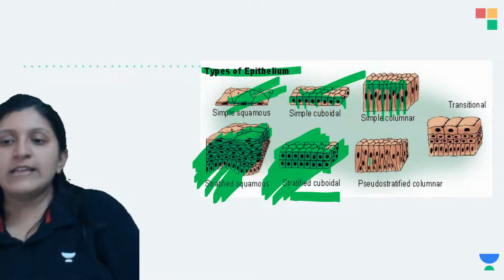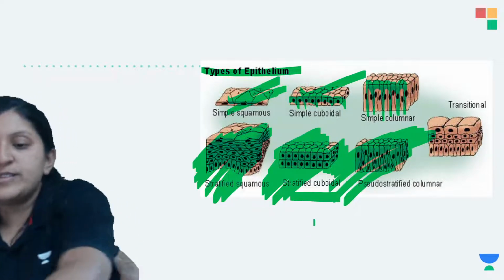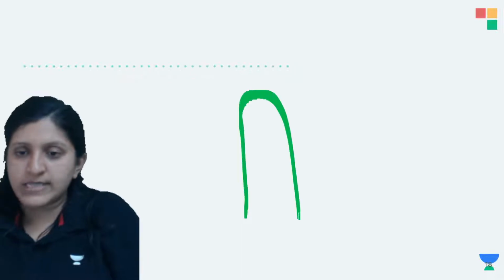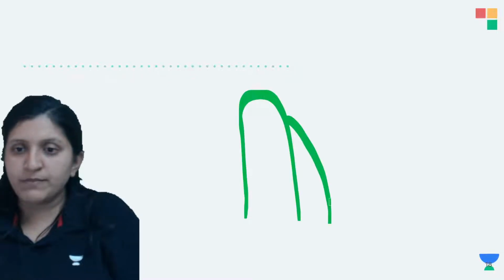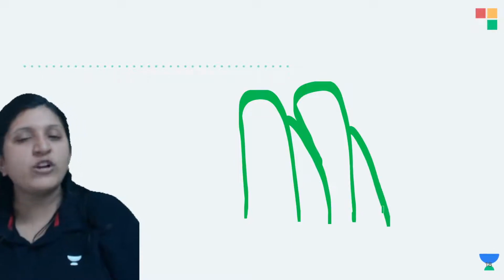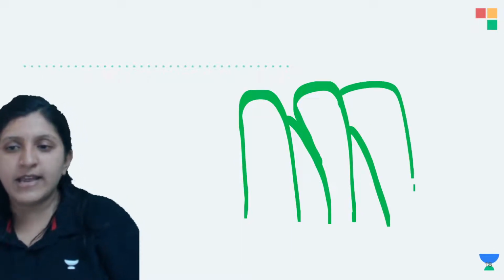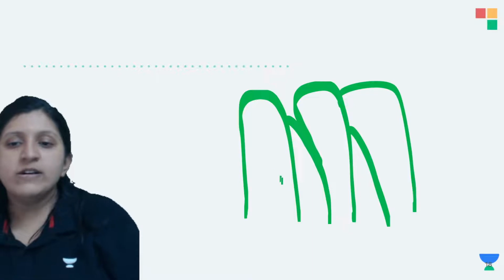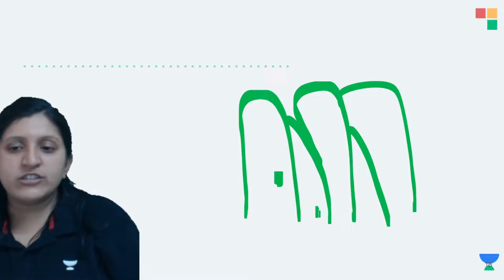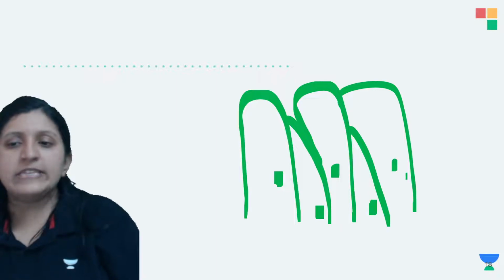Other than that, there is a pseudostratified columnar. What is the meaning of pseudostratified columnar? Now this is a columnar cell, this is columnar, and again there is a columnar. These columnar cells are arranged somewhat randomly. Some of the nuclei are arranged here, some are having nuclei here, so it appears like two layers of cells are there.